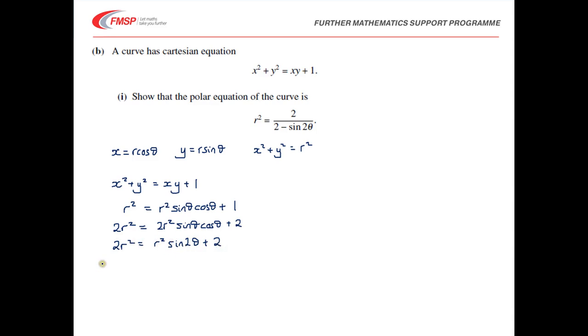I need r squared on its own, so let's get the r squareds on one side. Take out a factor of r squared and divide by 2 minus sin 2 theta. And there we are.